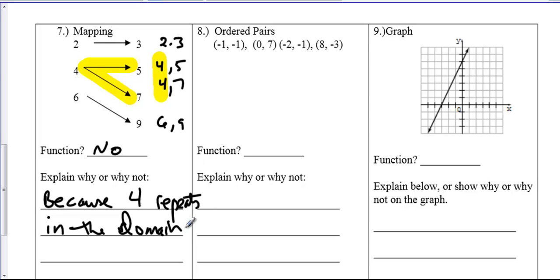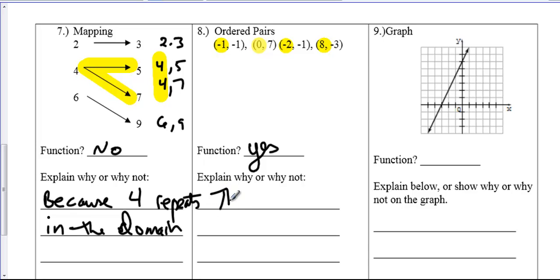Alright? So with that being said, number 8 should be pretty simple because we use the same idea over here. I'm specifically looking at the x values, there, and there, and seeing do any of those numbers repeat. So I have negative 1, 0, negative 2, and 8. None of those are repeaters. So yes, this is a function. Why or why not?